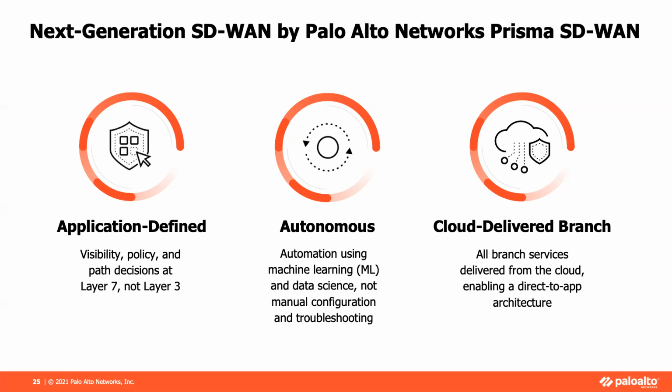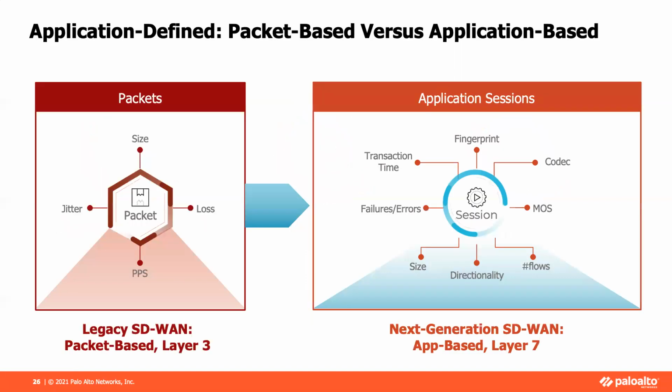All that can be taken into consideration. We want to make this stuff autonomous. We want to make it easy to deploy. We want to make it easy to manage. We leverage a lot of machine learning, what you might call artificial intelligence, that sort of stuff to do this. And again, let's not have to buy pieces of equipment everywhere we go. Let's make this cloud delivered and easy to manage.